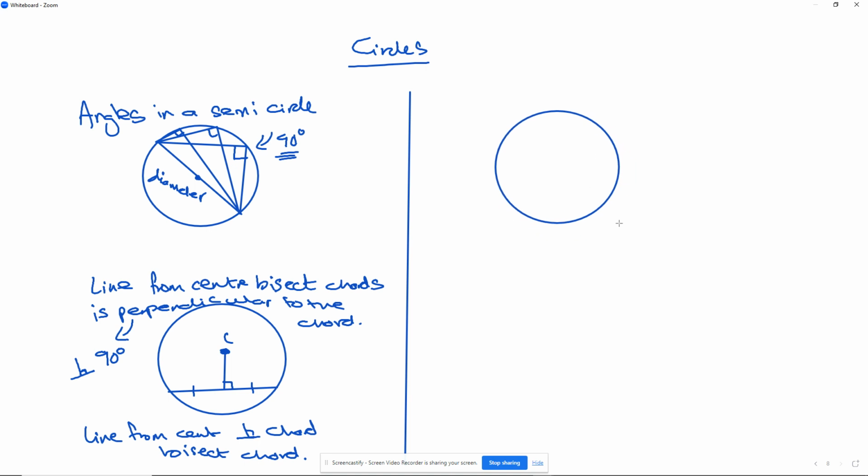Let's get another circle going over here. So in the next one here, if I have a line from the center, that's your radius, right?